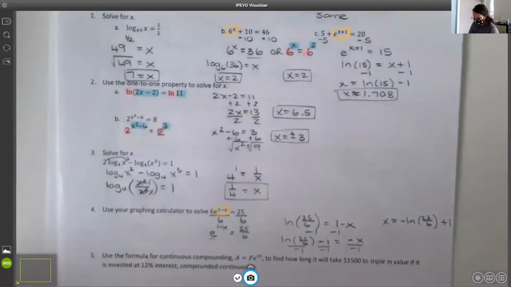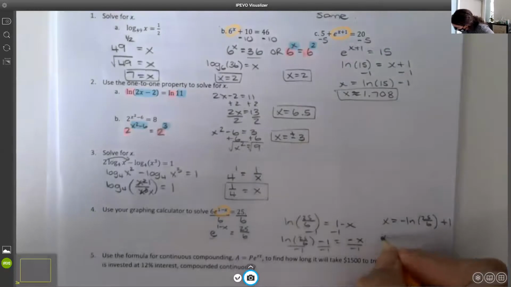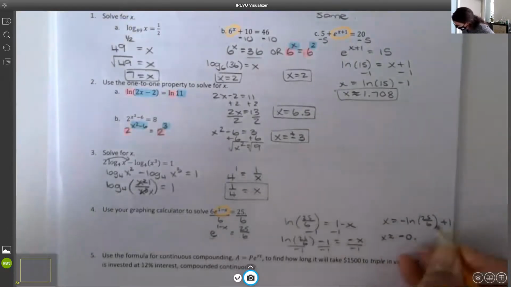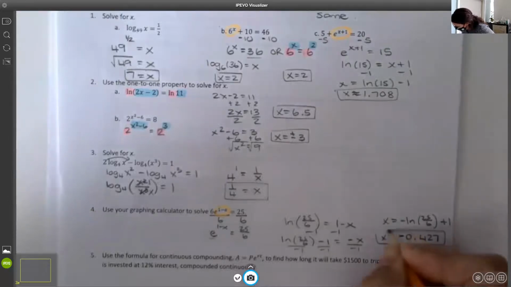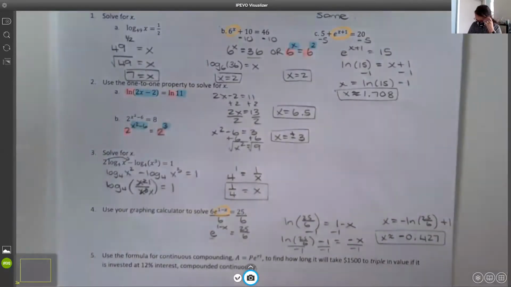So then go ahead and put that into your calculator. And we're going to get x is approximately 0.427.